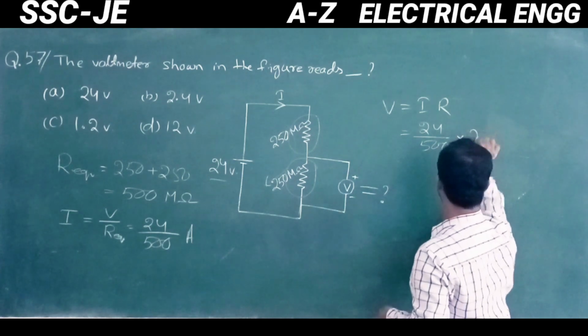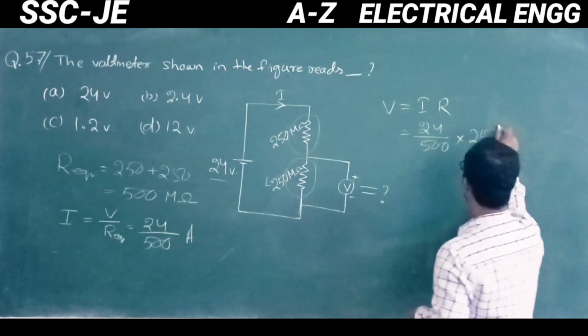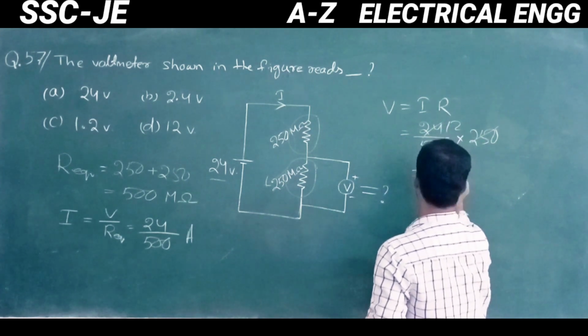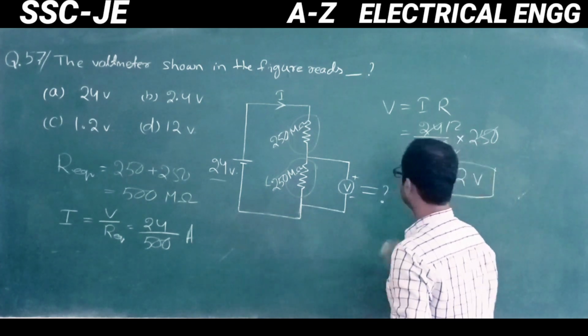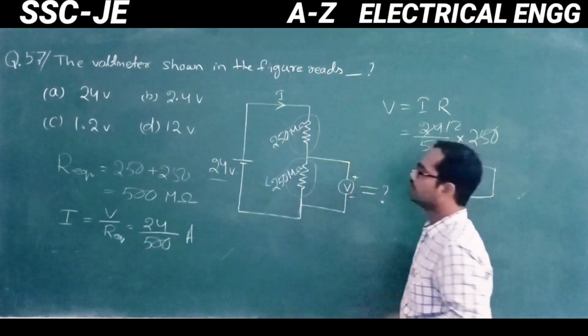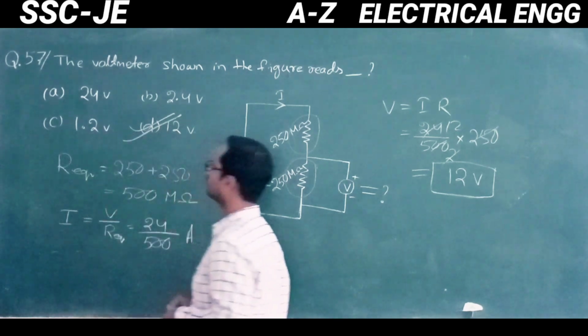So R is 250 mega ohm. So if we solve this one, we get 12. So the answer is 12 volt. Okay. So 12 volt is the reading of your voltmeter across your 250 ohm. So from these four answers D is the correct choice.